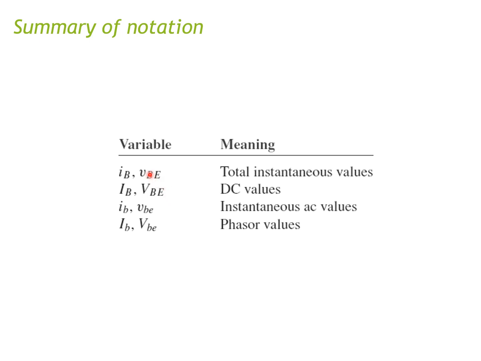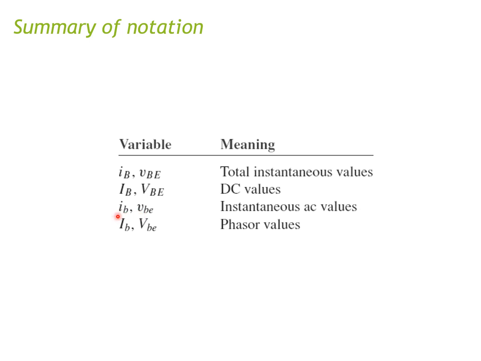For example, if you see the i and v in lowercase and the subscript, for example base or collector, in uppercase, that means it is the total instantaneous value. That means it is the value of the signal at a certain time. When everything is uppercase, including the current, voltage, and the subscript, you are talking about the DC values.